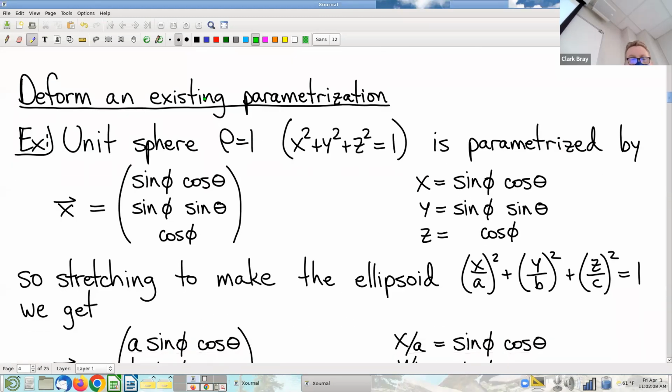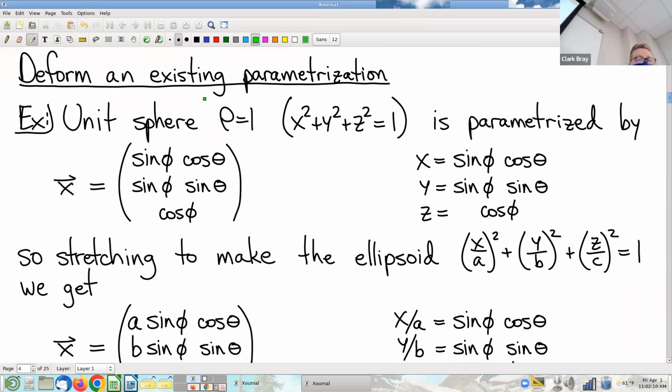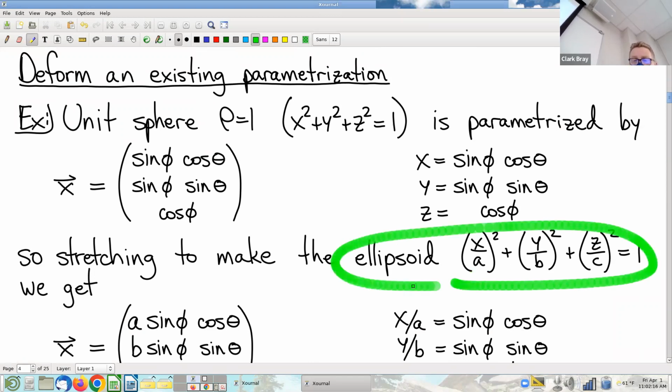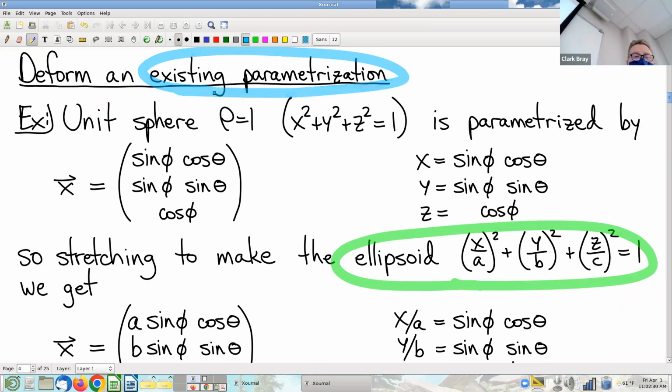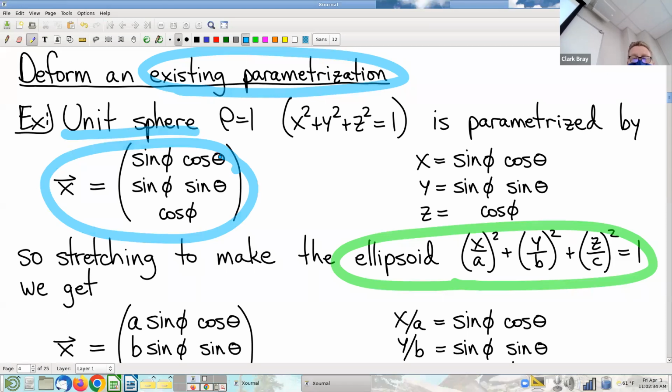but deforming a parameterization that you already have. Suppose, for example, I want to parameterize this ellipsoid. How would I parameterize an ellipsoid? I'm going to start by parameterizing something different that I know how to deform. In particular, I have an existing parameterization of the unit sphere right there.